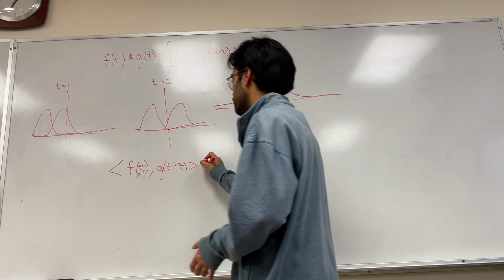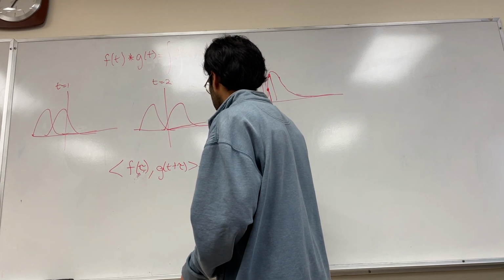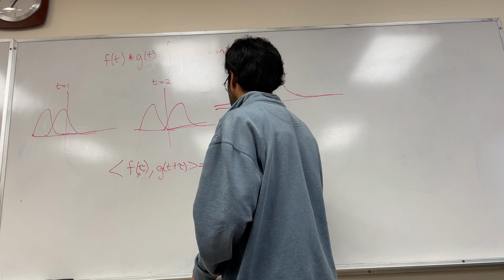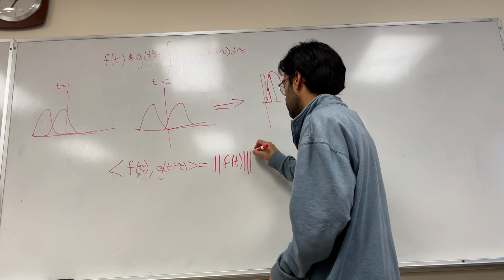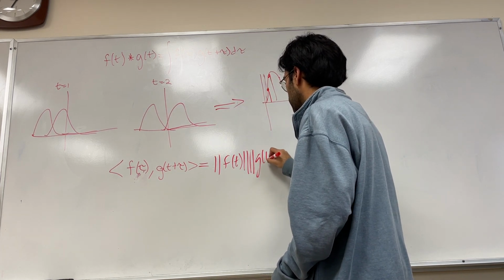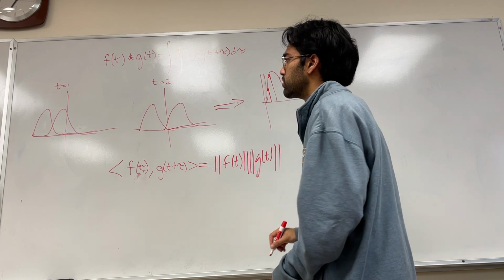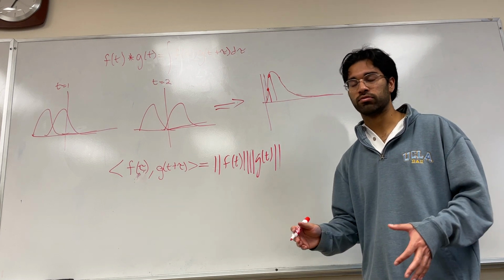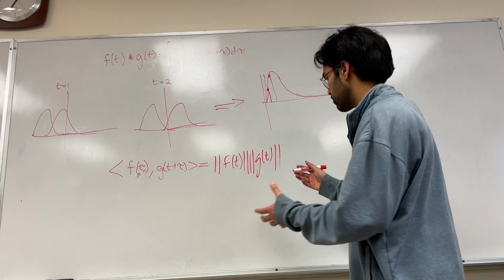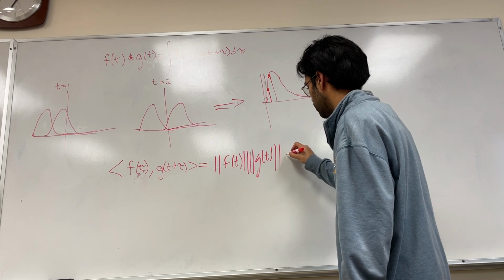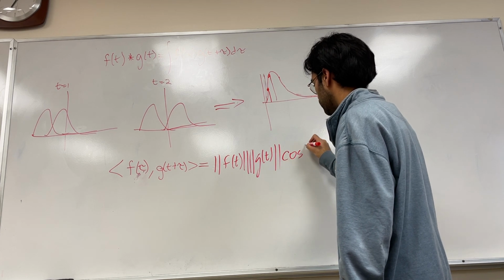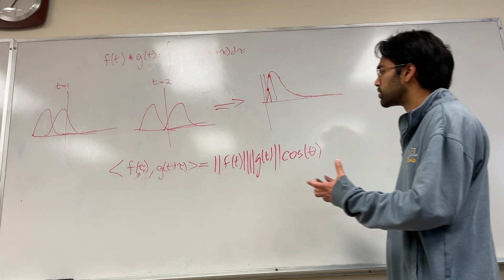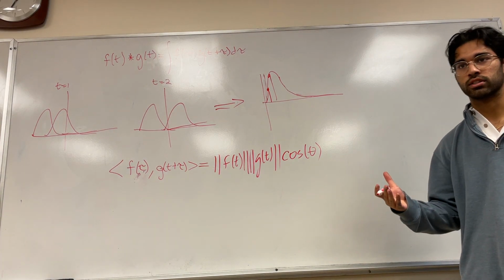One way to express a dot product would be the magnitude of the two functions multiplied together. This loses its meaning a little in continuous time because it can be infinite, but suppose it's bounded. The magnitude times a cosine of the angle between these two. That's what a dot product is.